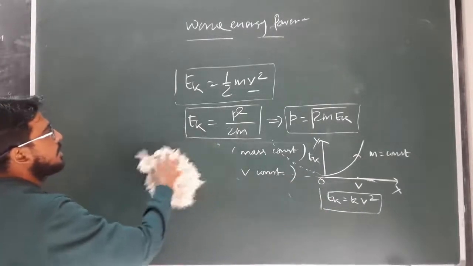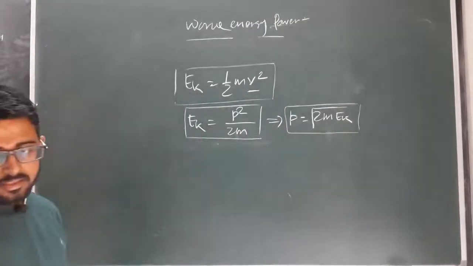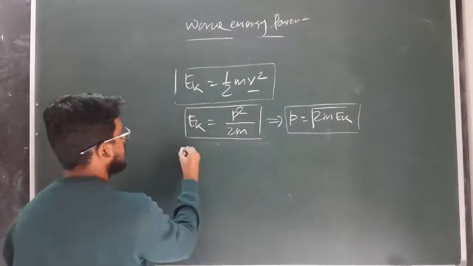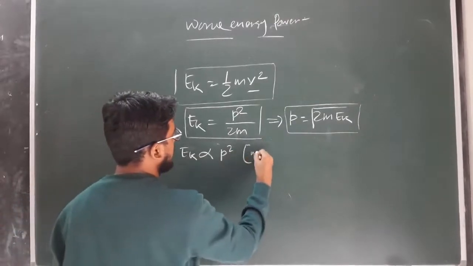And if we plot the graph between momentum and kinetic energy depending on these relations, kinetic energy is directly proportional to momentum square if mass remains constant.